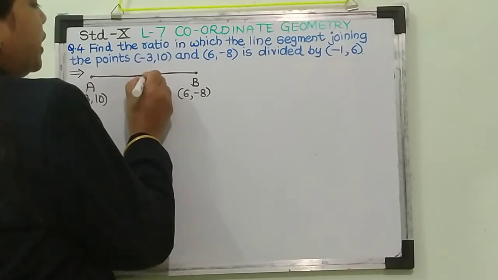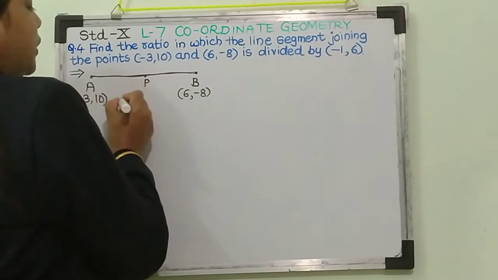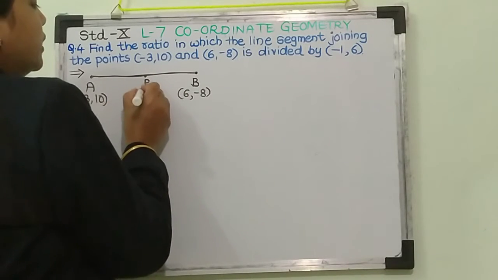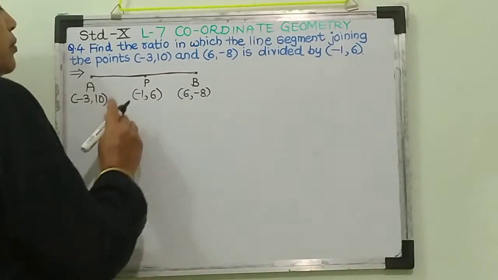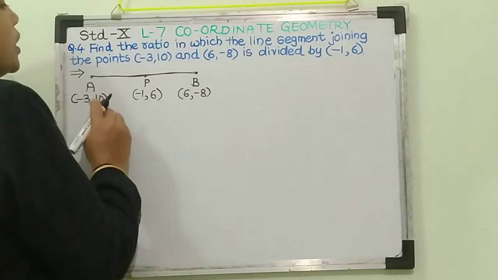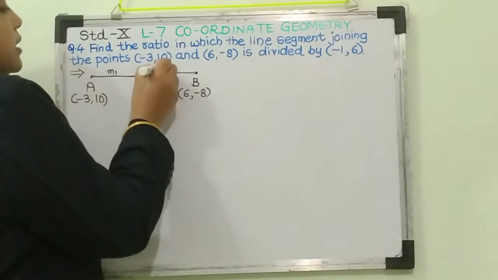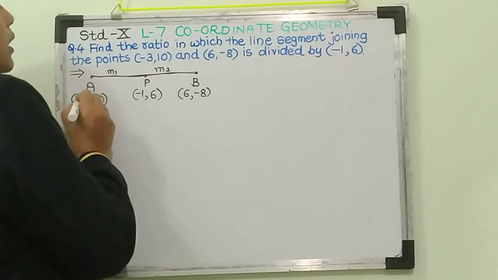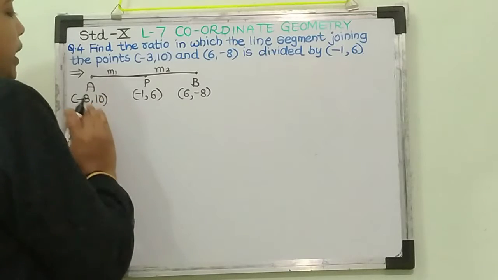Then here point P divides this line segment, and the coordinates of P are given as minus 1 comma 6. So we have to find in which ratio the given line segment is divided.